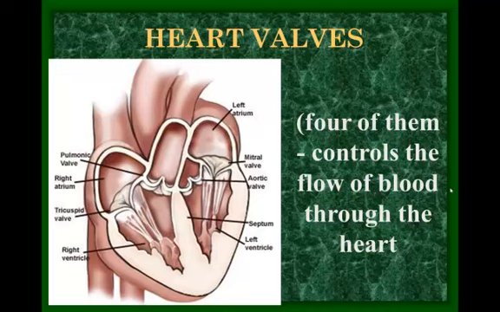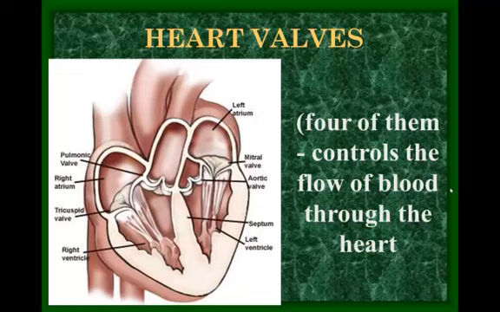Now, what always controls the flow of blood in our circulatory system is valves. Remember, arteries don't have valves because of the pressure, but veins do. Well, our heart has 4 valves. The top 2 we're going to talk about, they're grouped together, and the bottom 2 are grouped together.